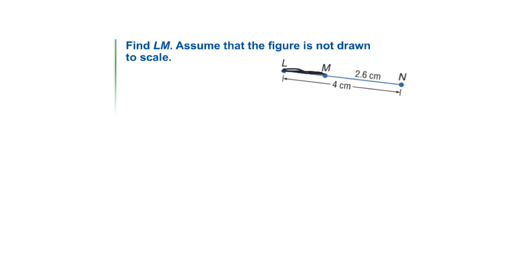If I write the equation, betweenness of points, segment LM plus segment MN is equal to the length of segment LN. Now let's substitute and solve for the unknown. LM, we don't know this. If you want, you can put x here, if that's helpful.